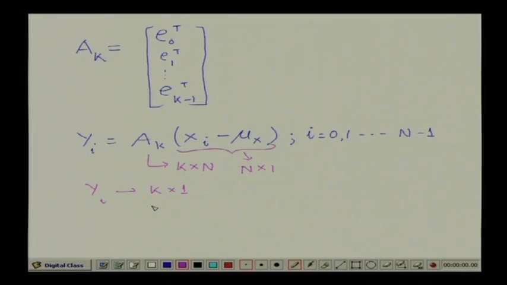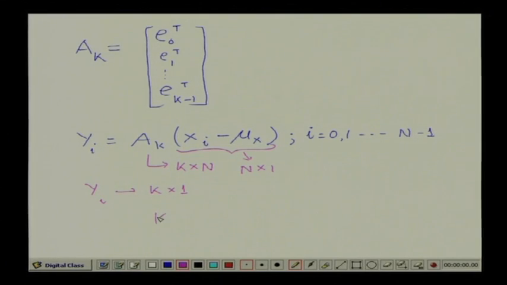If this transformation is carried out for all the column vectors of the two dimensional image, I get n number of transformed vectors y I, where each transformed vector is of dimension k.